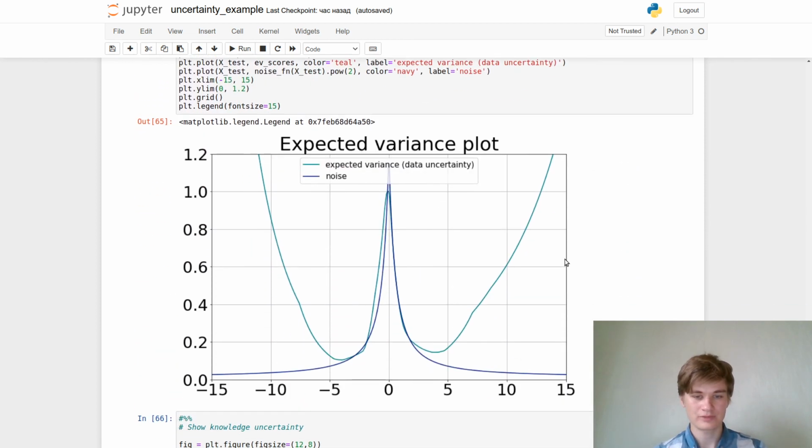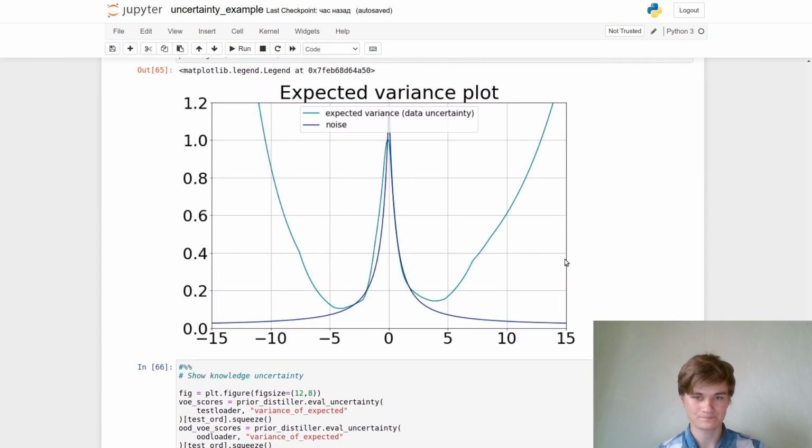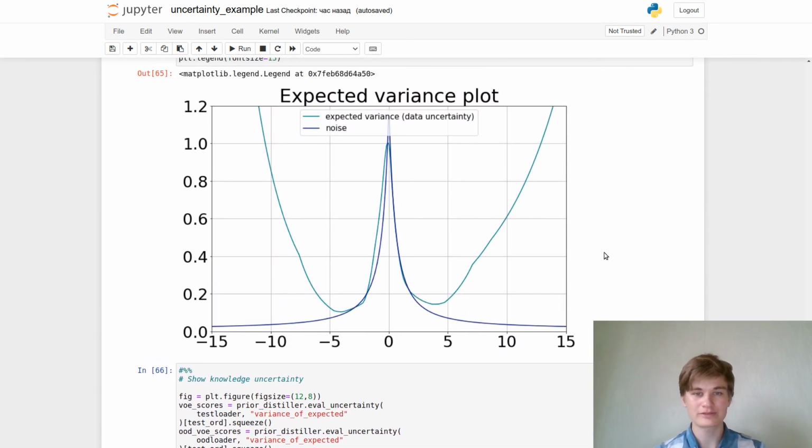And here we have expected variance, data uncertainty measure of our prior network, and you can see that the behavior of this green line is similar to the behavior of data uncertainty of our ensemble that we looked at previously.